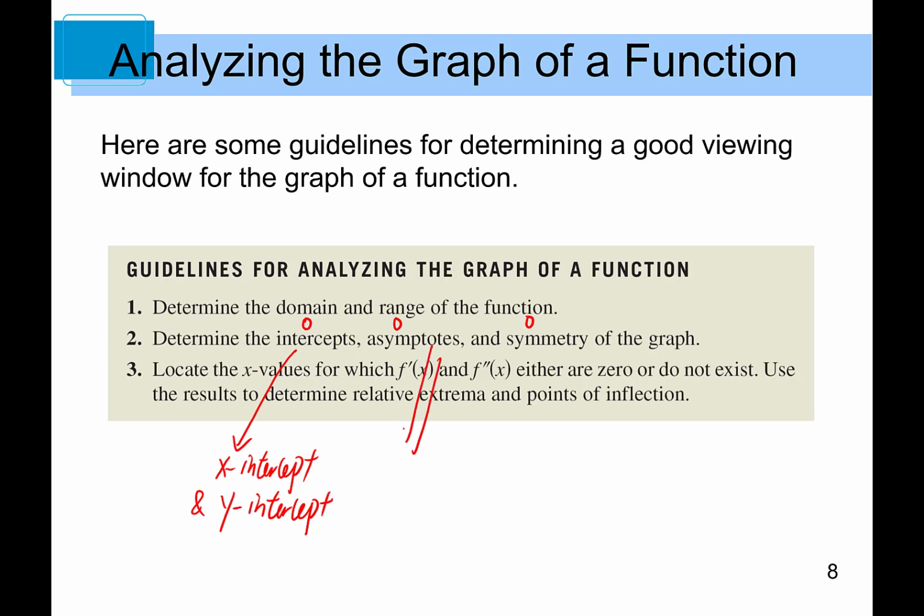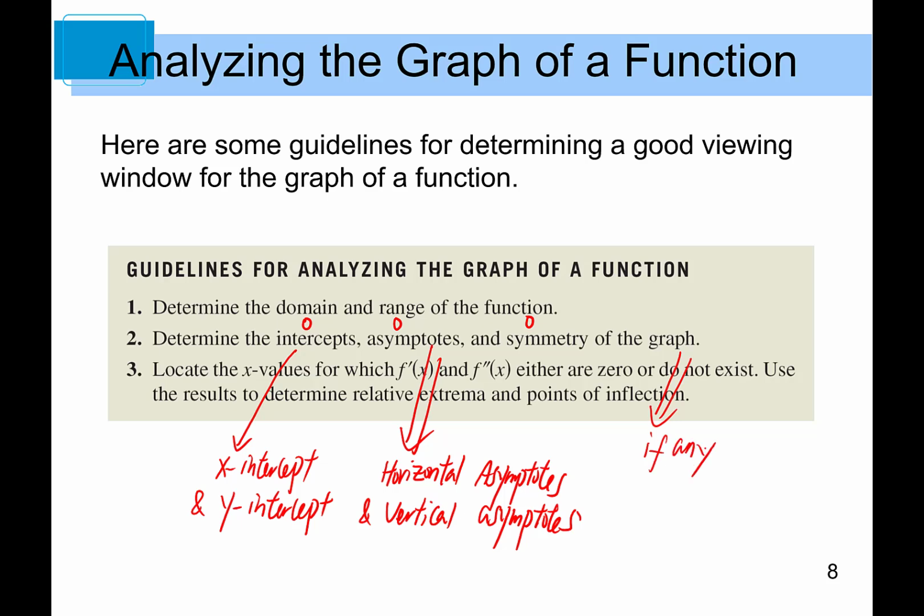Asymptotes, the two types of asymptote: horizontal asymptote and vertical asymptote. And also the symmetry of the graph, if any, right?